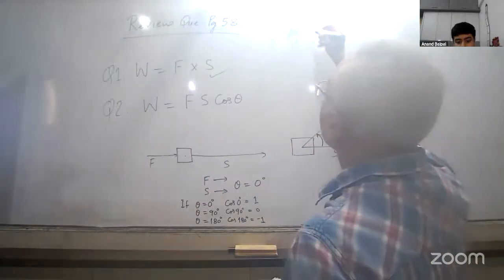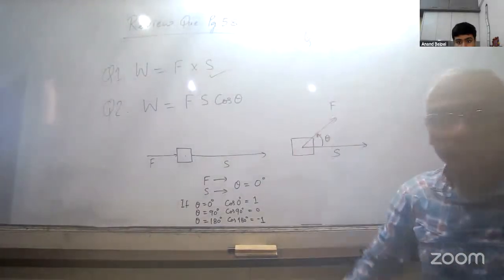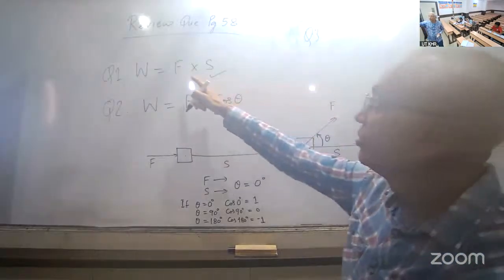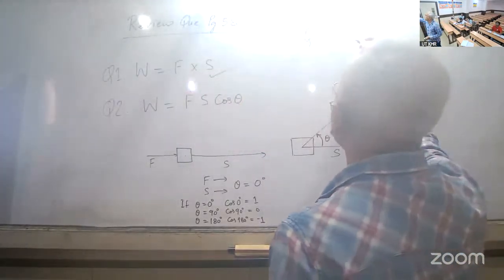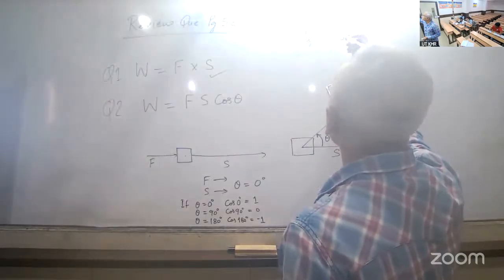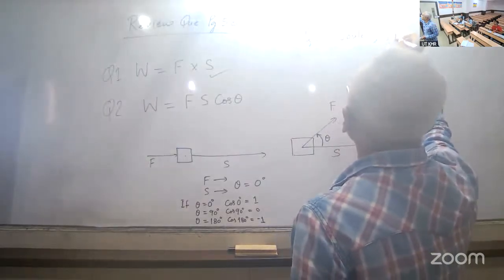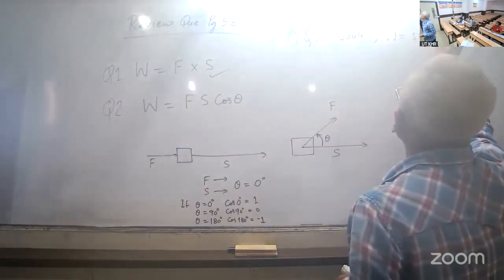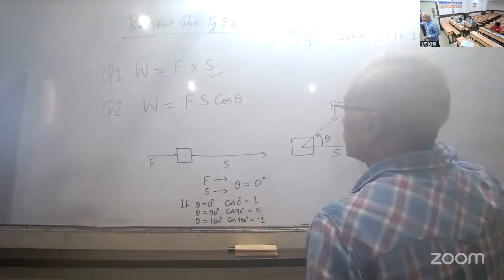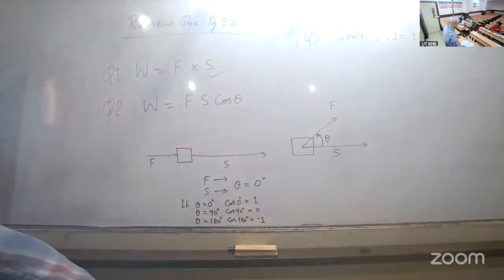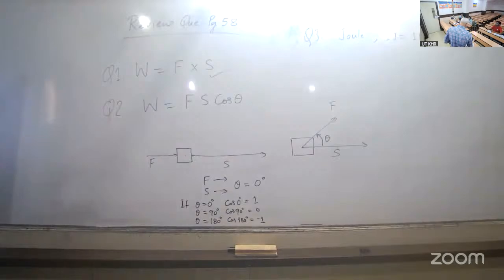Joule, right? Because Newton meter is joule. So what is 1 joule? 1 joule is equal to 1 Newton into 1 meter. Take the next question.